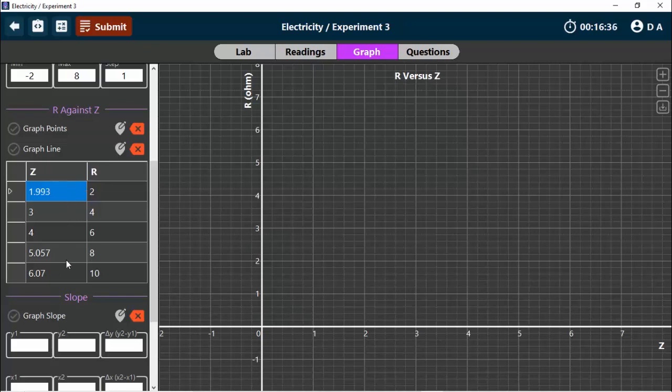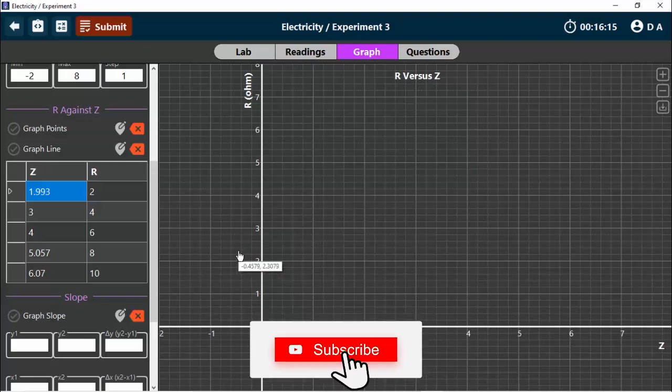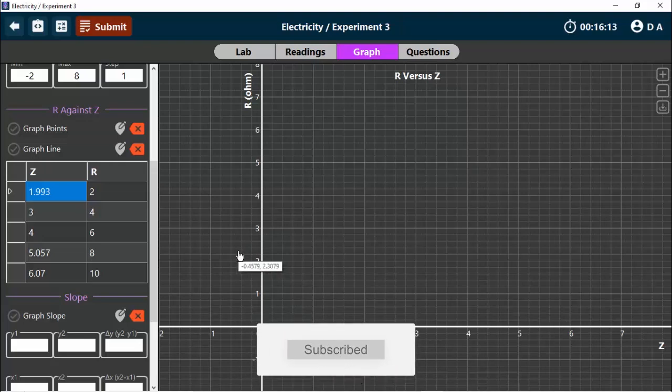So this Z is on the x-axis, the R is on the y-axis. To get the scale of the x-axis, try to count the number of major divisions here: 1, 2, 3, 4, 5, 6, 7, 8, 9, 10. So we have 10 divisions here.